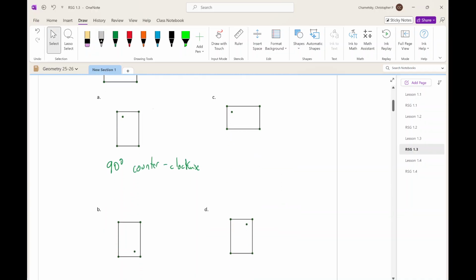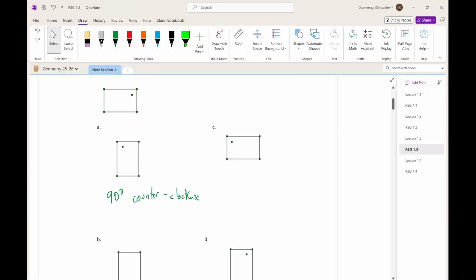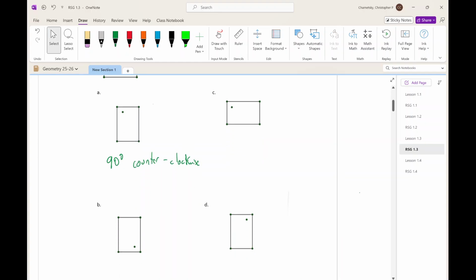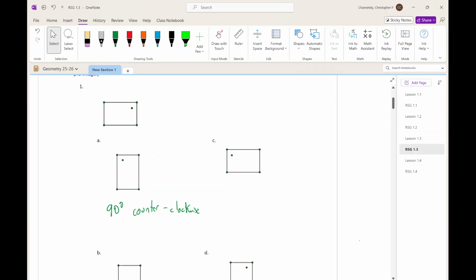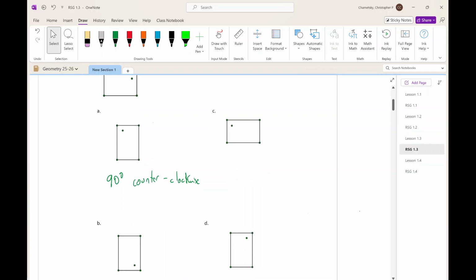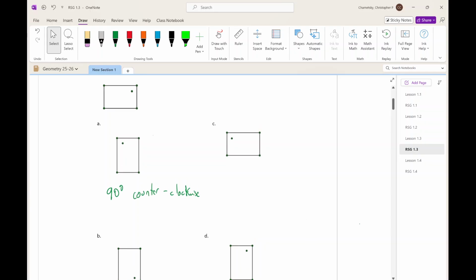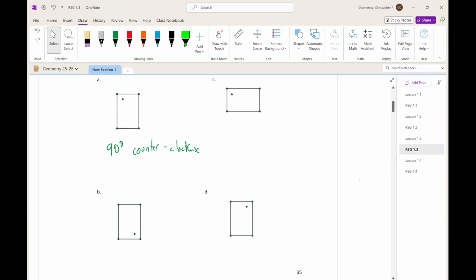For B, the dot here is going to end up in the right corner, so that is going to be another rotation, another 90-degree rotation, except it'll be clockwise. So a 90-degree clockwise rotation.